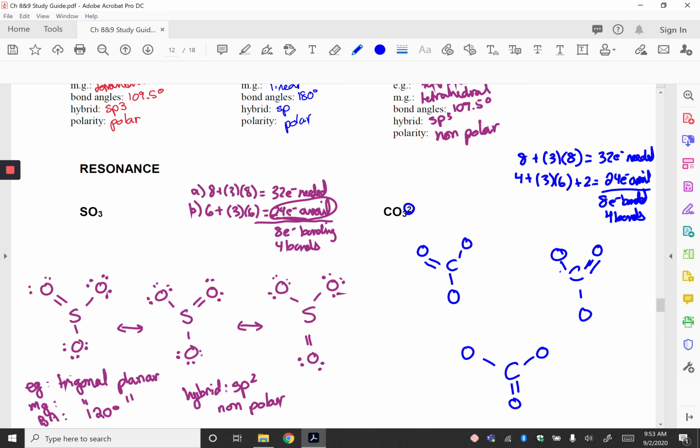The carbons all have 4, so they're good. The oxygens that are double bonded need 2 lone pairs each. And the oxygens that are single bonded need 3 lone pairs each. So very similar to our SO3 that we just did.